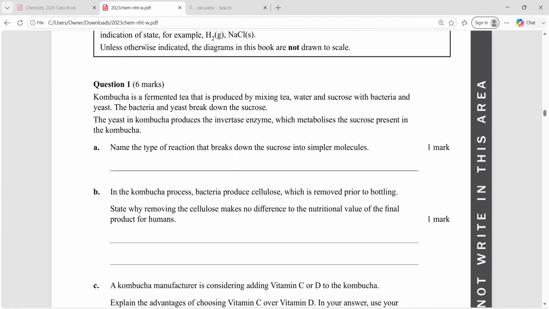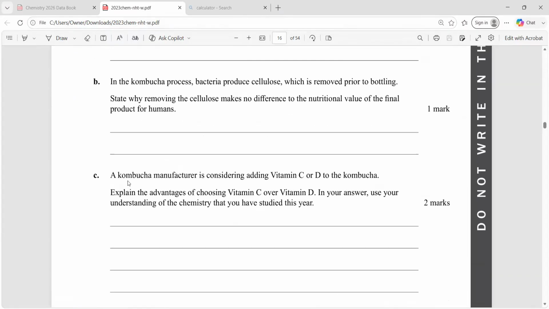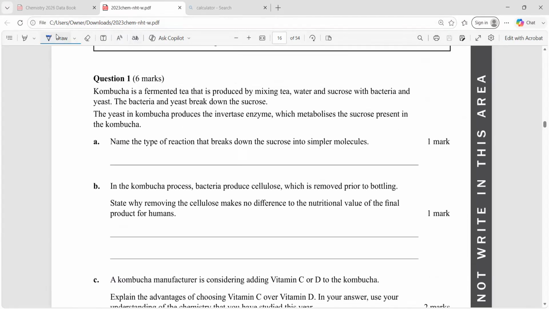What's going on? Oh, perfect. Okay, cool. So basically, what's happening is the sucrose is being metabolized into glucose and fructose. Sucrose is a disaccharide that's made up of glucose and fructose.